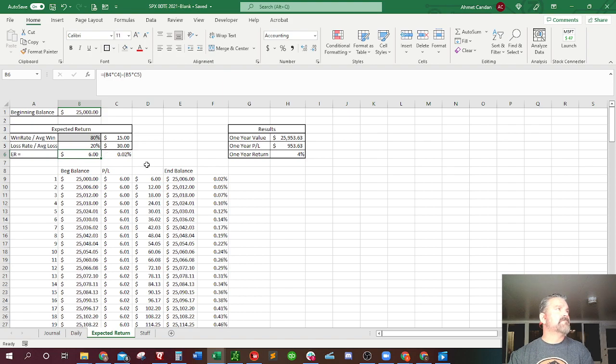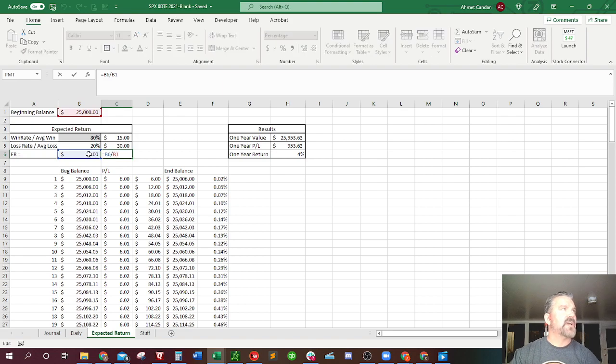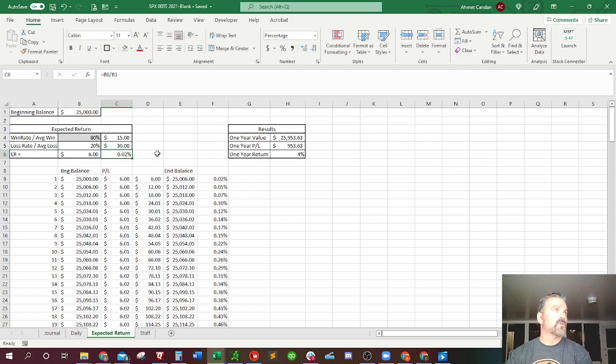By the way, this 0.02% tells you the ratio of this average profit divided by your beginning balance. So it's going to give you your return. This will be your profit per flip, and this will be your return per flip.